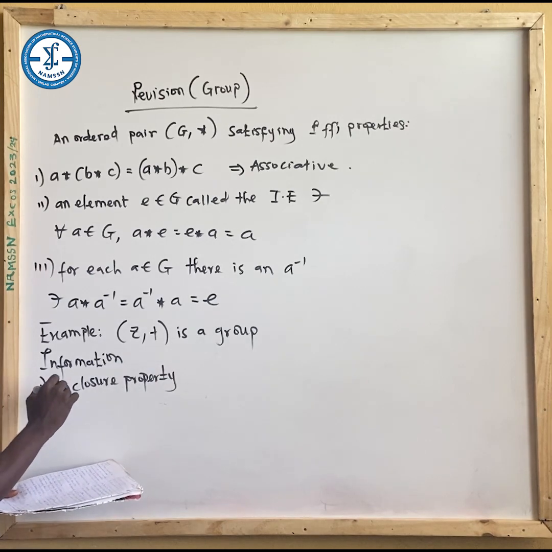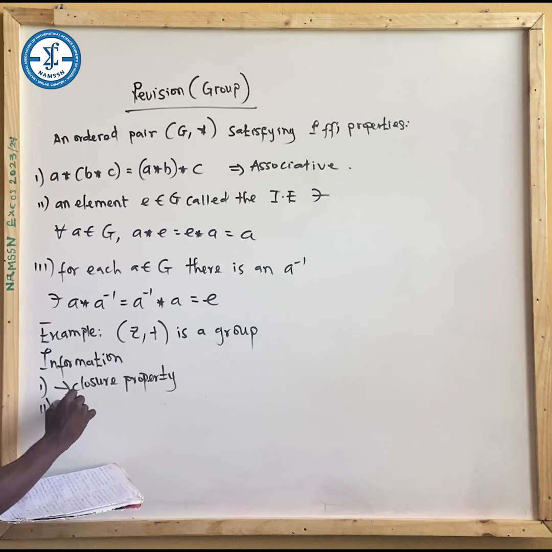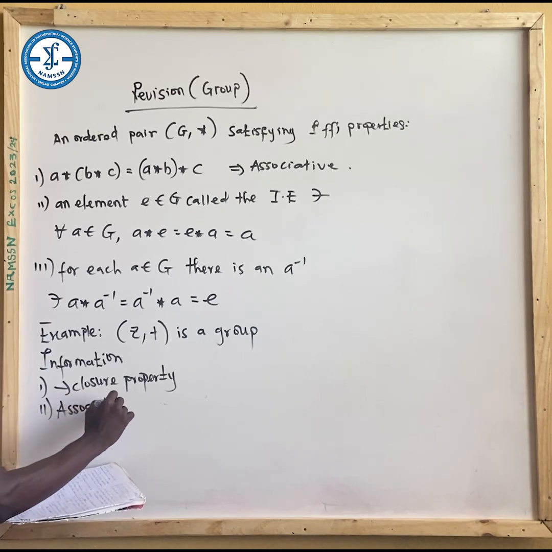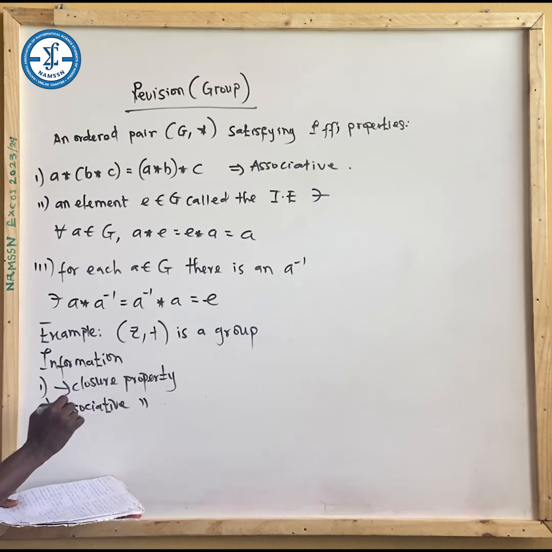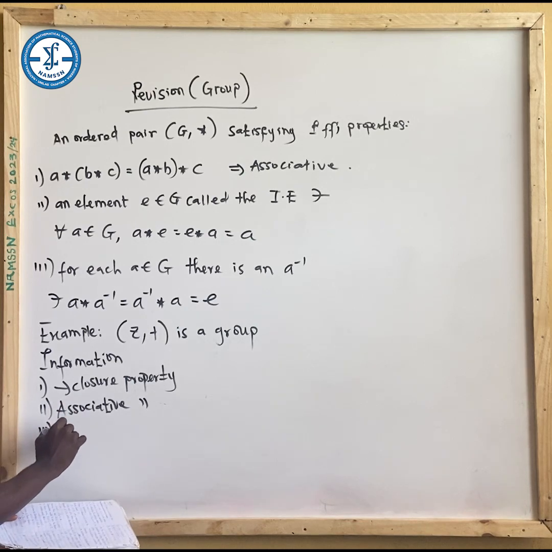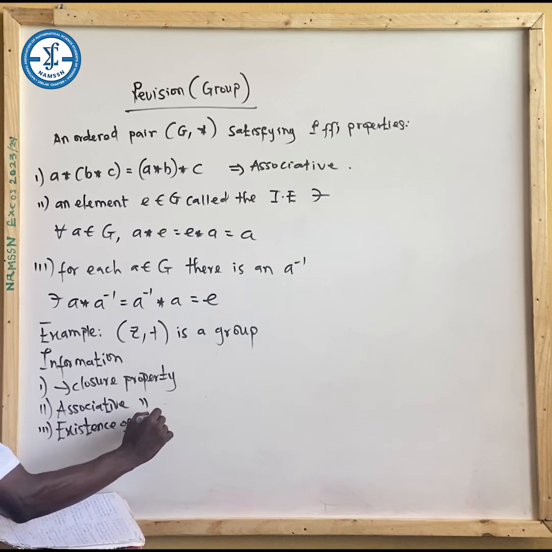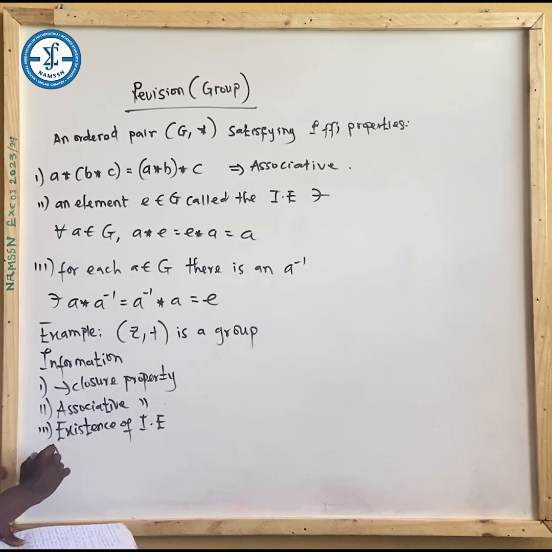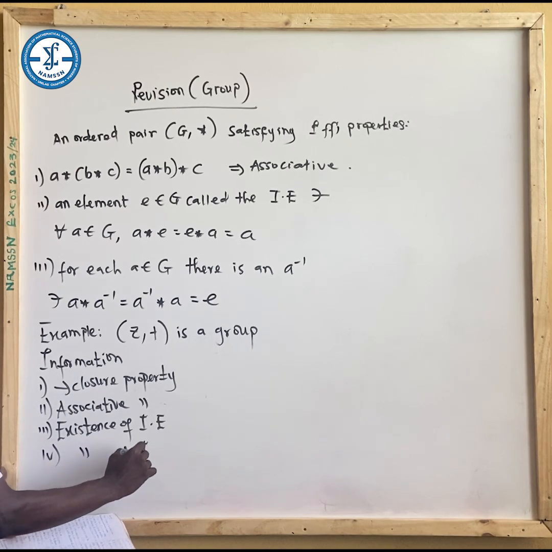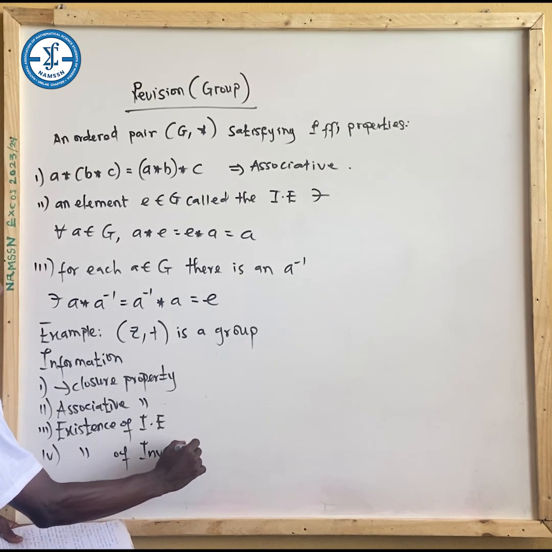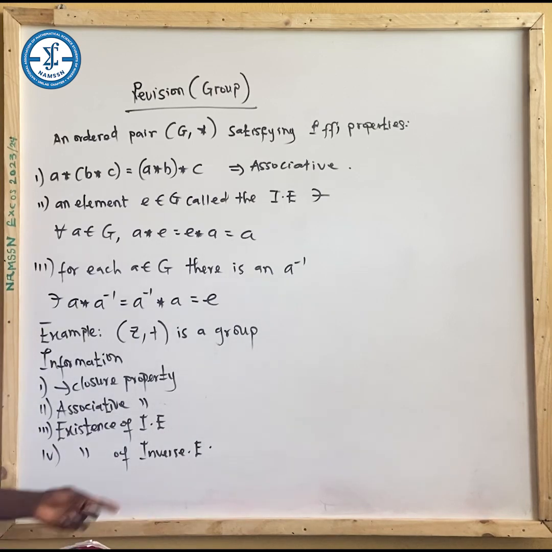The second one is the associative property. The third one is existence of identity element. And then the fourth one is existence of inverse element. So all of these four are what we need to prove that the set of positive integers is a group.